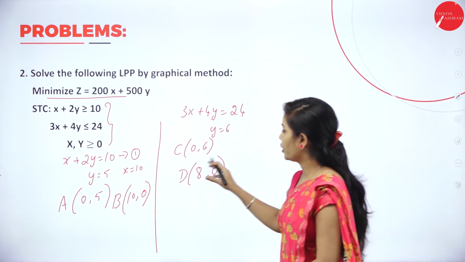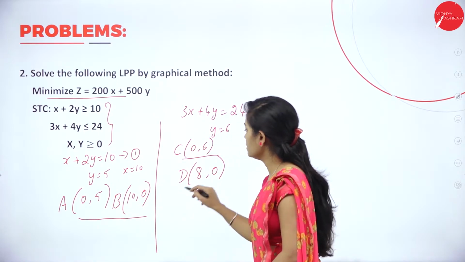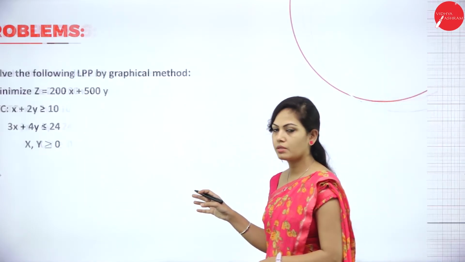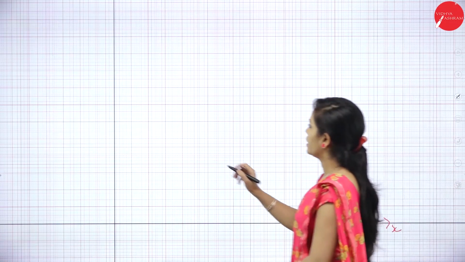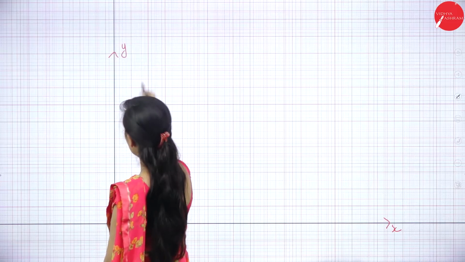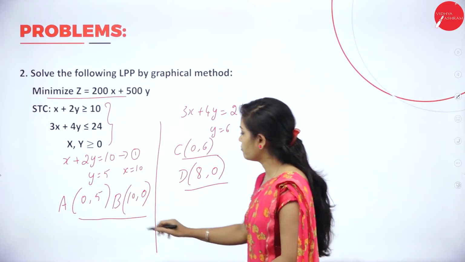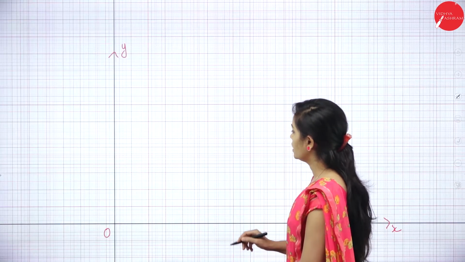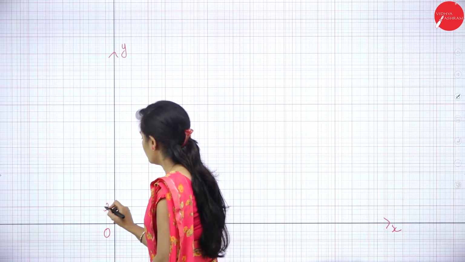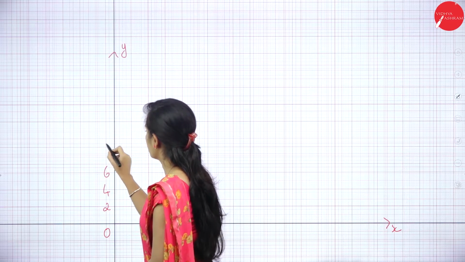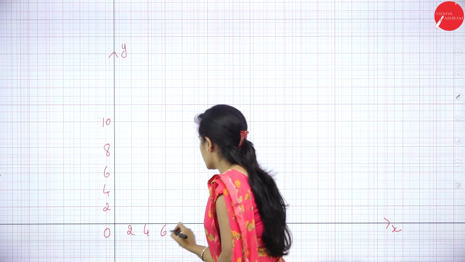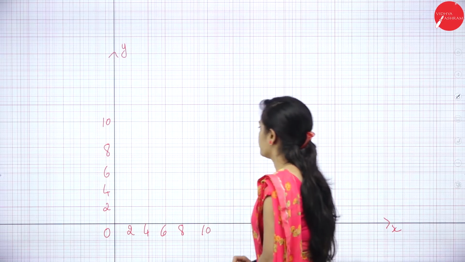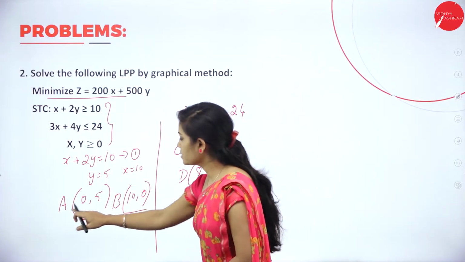So these are the point values A, B and C, D. So how to draw this? Here I'll take the x-axis and the y-axis, with the origin 0. Find the maximum value, 10 is your maximum value, then I'll write 2, 4, 6, 8, 10 on each axis. Now mark these points.